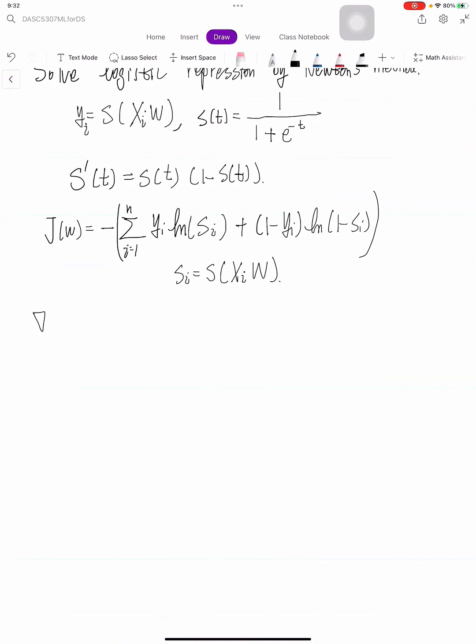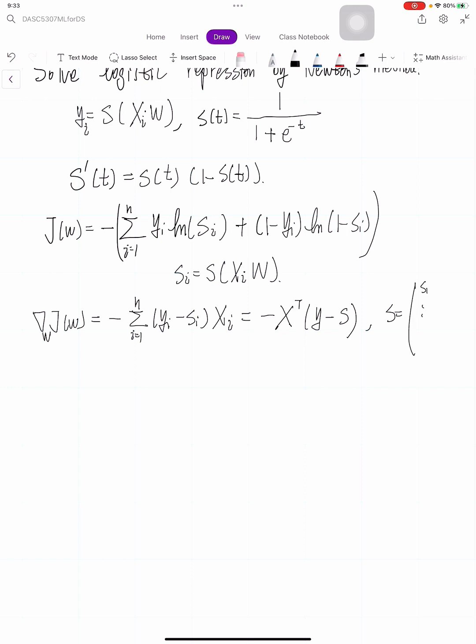The gradient equals negative summation i from 1 to n of (y_i minus s_i) x_i, which in matrix notation equals negative X transpose, the design matrix transposed, times (y minus s), where s is just the vector s_1 to s_n. So this is the gradient of the cost function.